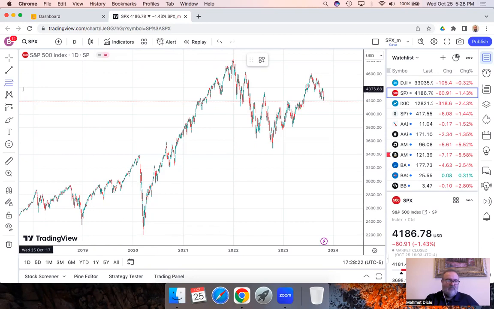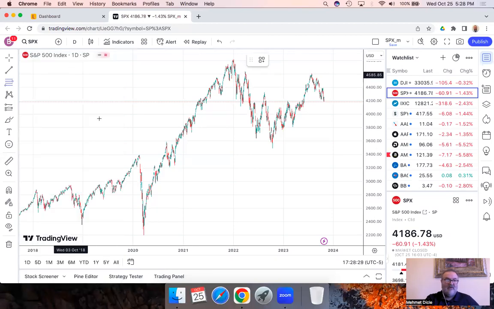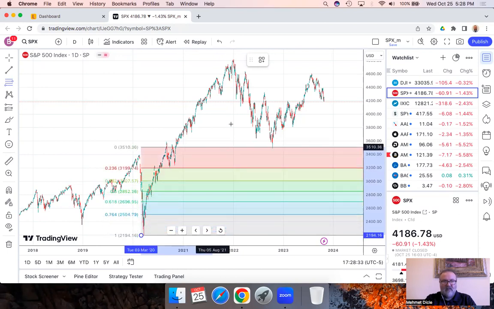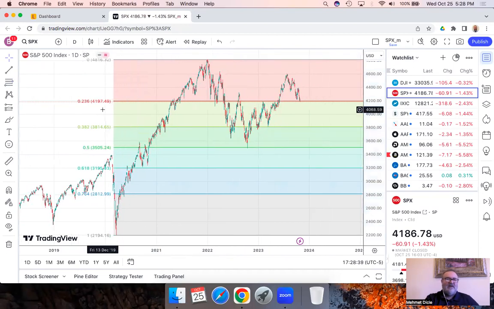So remember what I did: right here, I chose the Fib retracement, and that's your Fibonacci. And then I went from the bottom all the way to the top right there. Now remember, with the Fibonacci, what you're looking at is not a direction per se, but where your resistance and your support lines are.